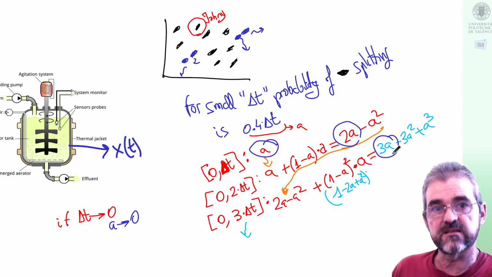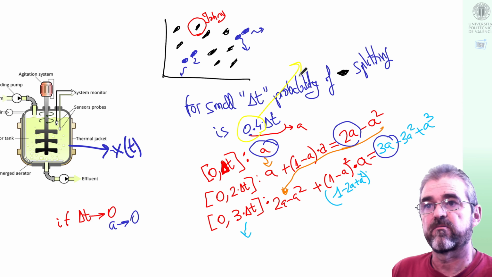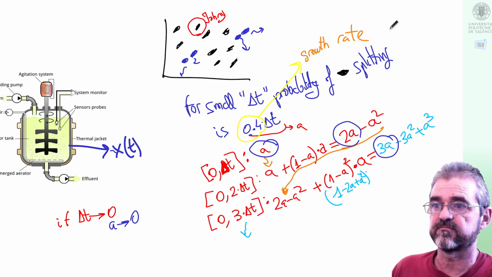small base time interval, infinitesimally small when we will derive differential equations, then the probability of an arbitrary cell splitting is proportional to that time interval. And the constant of proportionality in this case will be, let's say, 0.4, and this will be called the growth rate.